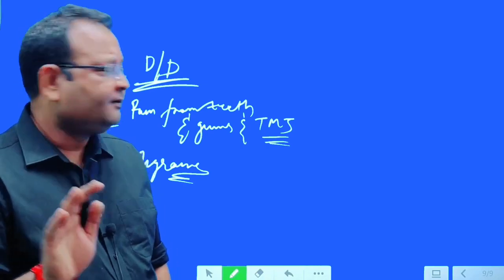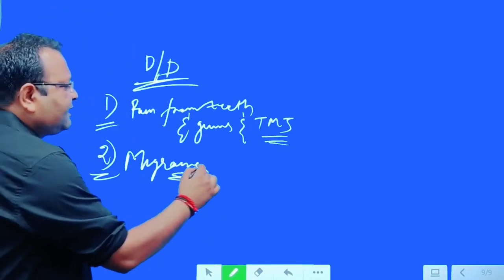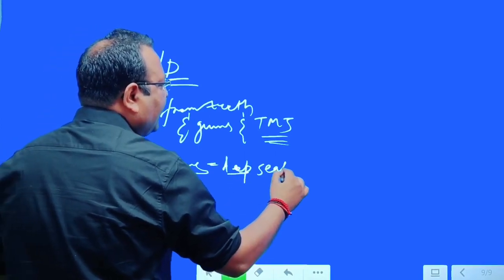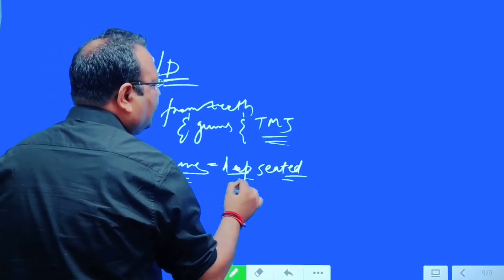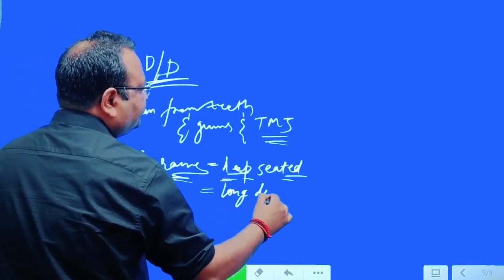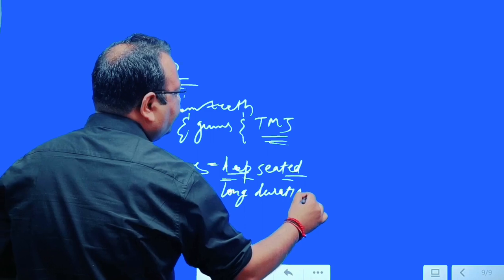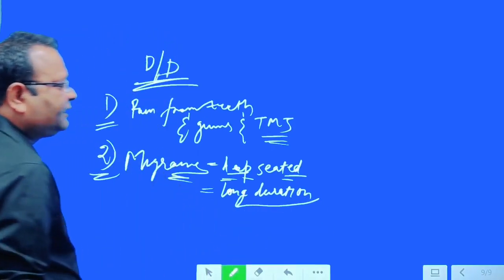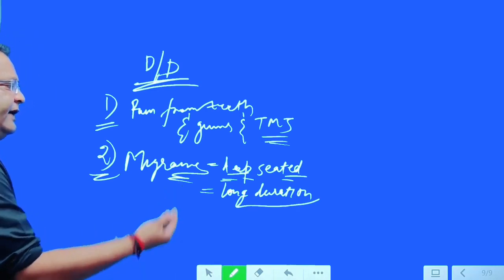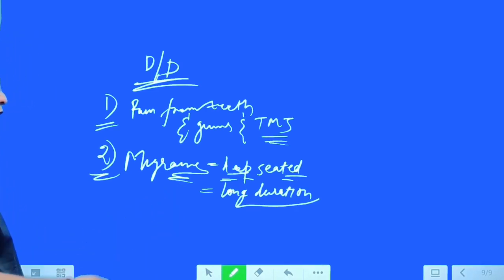It is very sharp, but the migraine pain is deep-seated. And it lasts for long duration. Trigeminal neuralgia pain does not last for long duration, it lasts for only a few seconds. But the migrainous pain is very deep-seated, it can last for long duration.